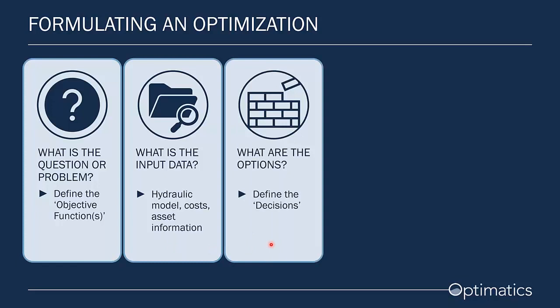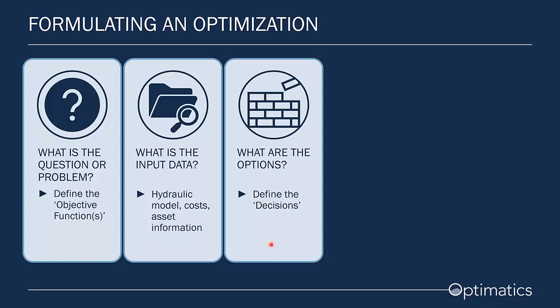The third step is where that engineering judgment really comes in. Optimizer in no way replaces the need for experienced engineers who know the network to be solving these problems. We're just enabling the engineers to spend their time less on the iterative process of running and checking results and more able to spend their time on more interesting parts of the problem.